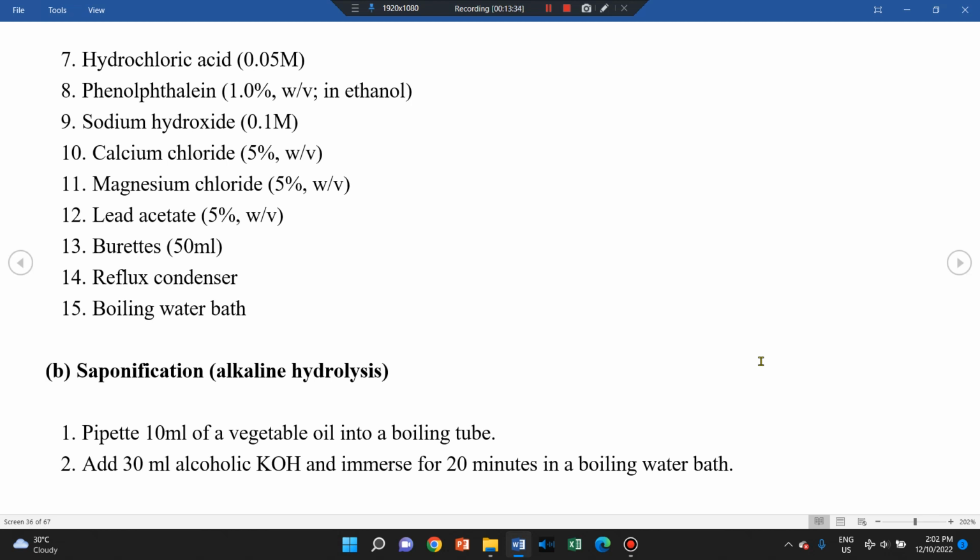Okay, sorry, potassium, because you're using potassium hydroxide today. So it's actually creating soap as well. It's a process of soap making by using this saponification process.